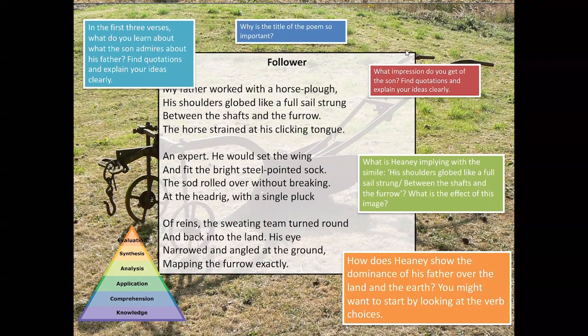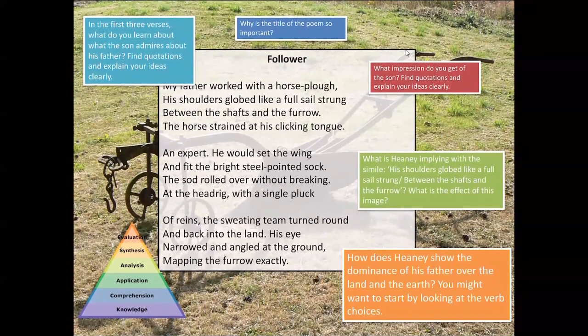What is the effect of this imagery? Now, if you're struggling with specific quotations like that, I will recommend going to genius.com, typing this poem in, and seeing what the general internet population have annotated in this poem. What ideas have they got? That will hopefully give you some guidance and some help.